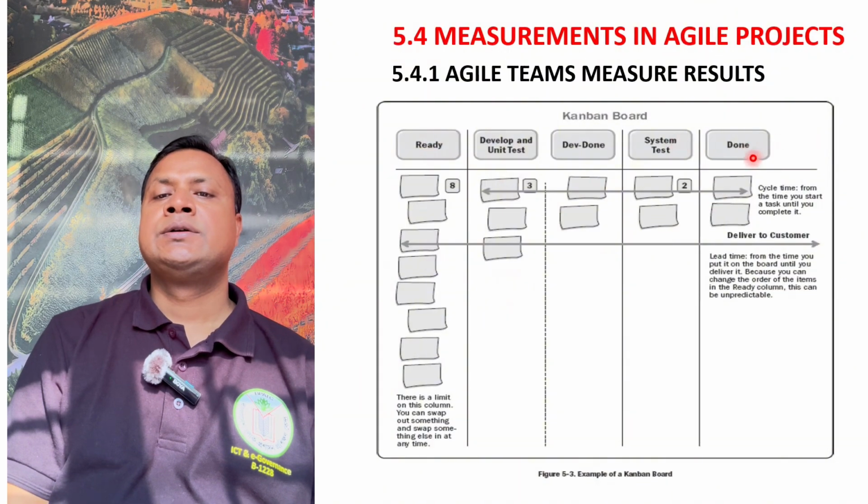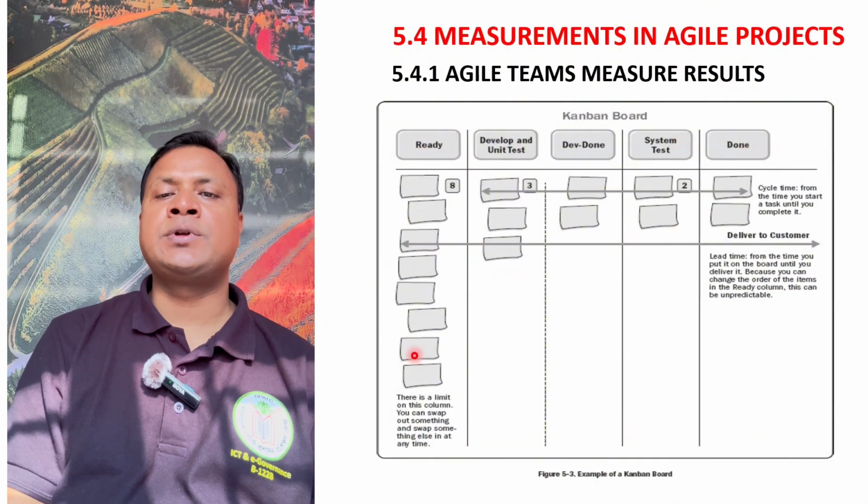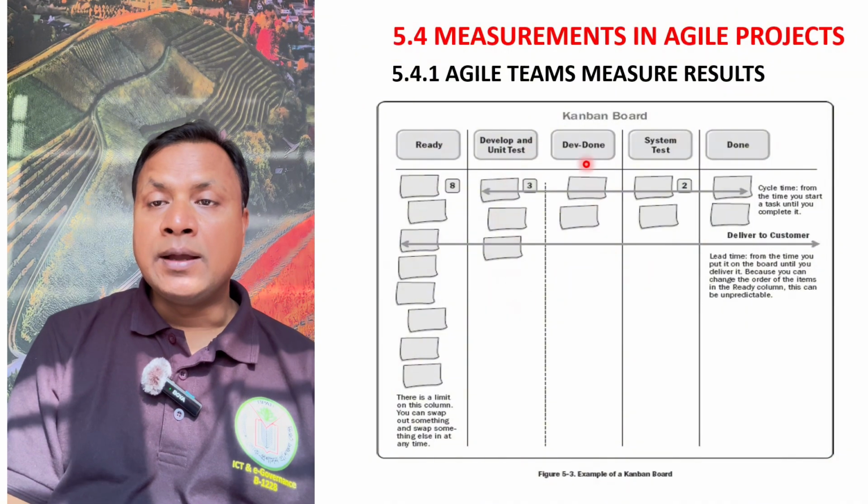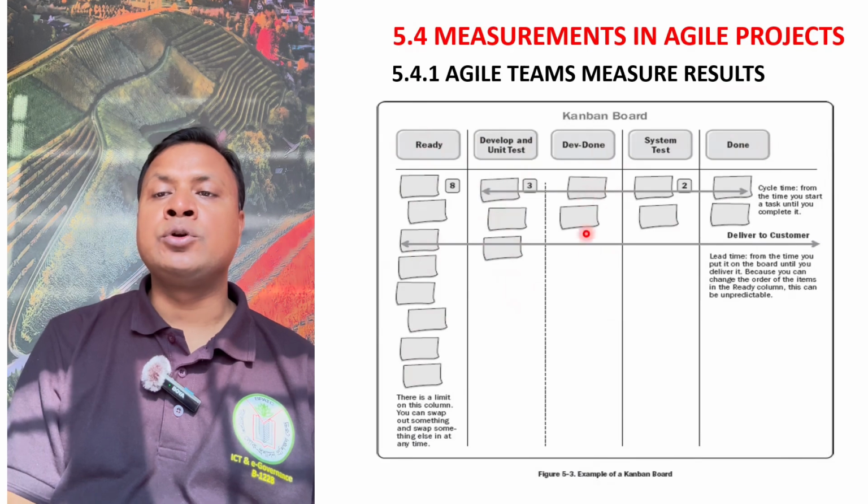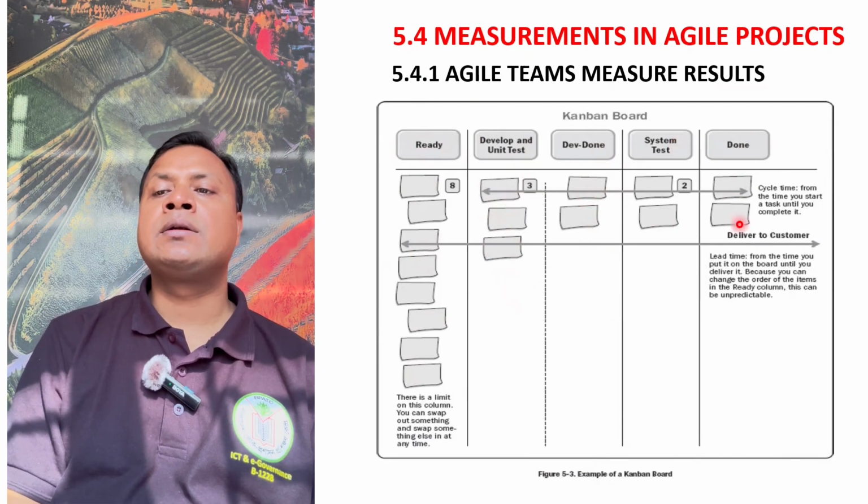After each task you complete, you move it to the next column. From all these tasks we have developed only 3, development done only 2, then system test done only 2, and completely done 2.